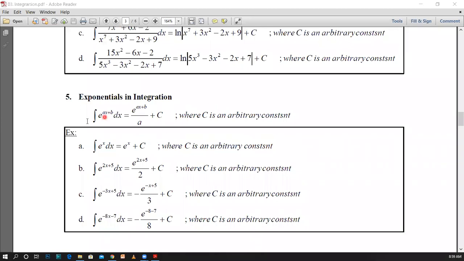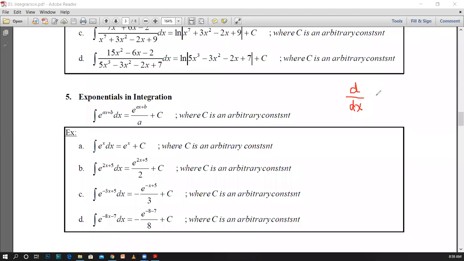Okay, you may have this kind of exponentials in integration. Now, prior to discussing exponentials in integration, let us refresh our mind regarding what we have done in differentiation.